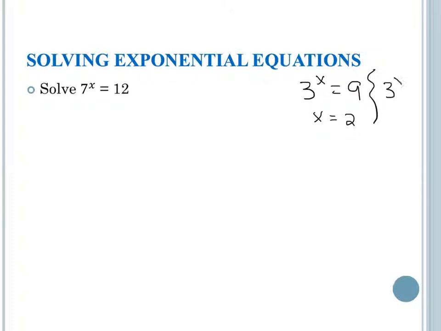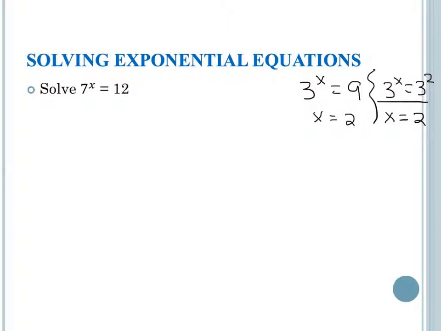So 3 to the x equals 3 squared. X has to equal 2. You might also know that 3 squared is 9, just naturally. But this is a thought that we may have explored in one of our previous sections.